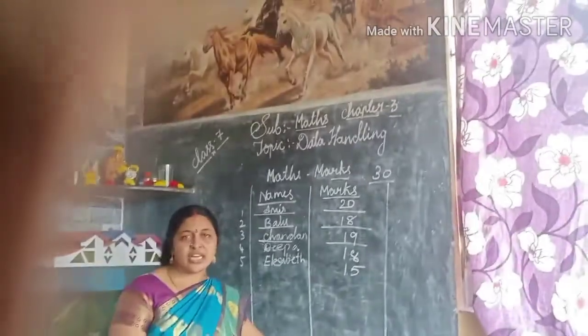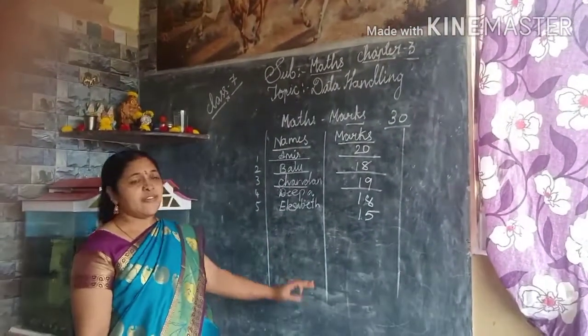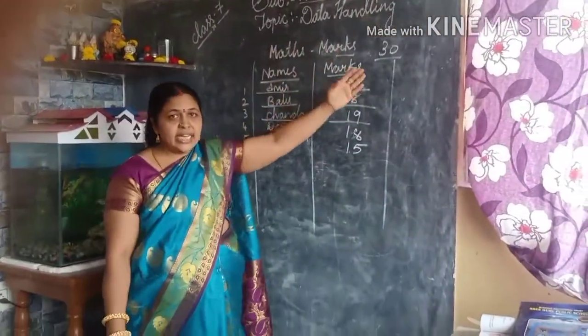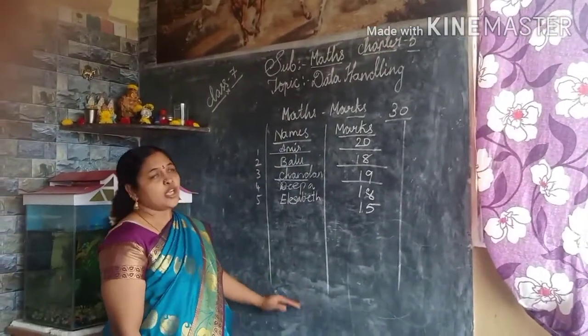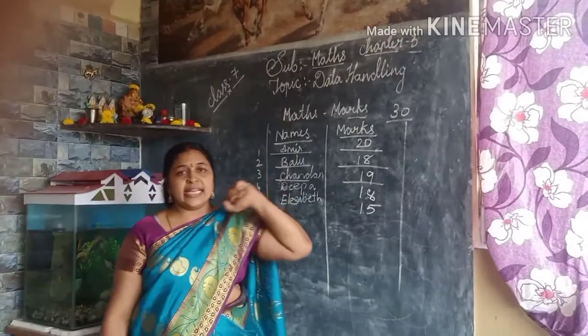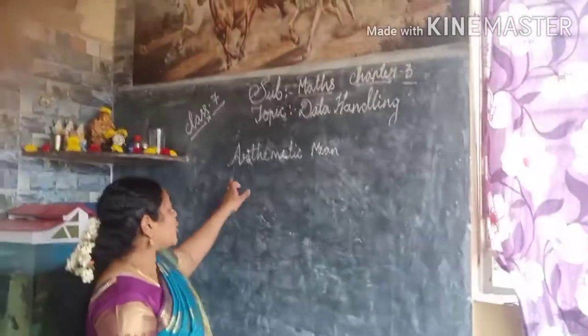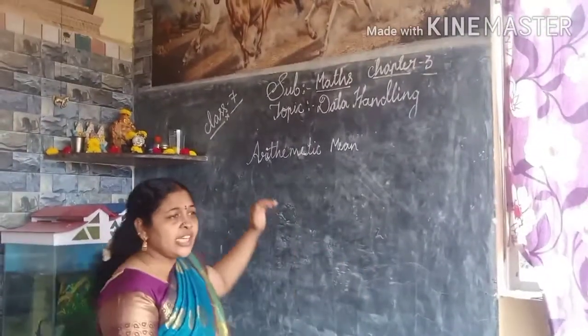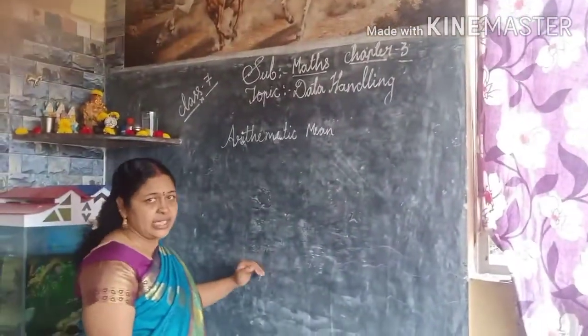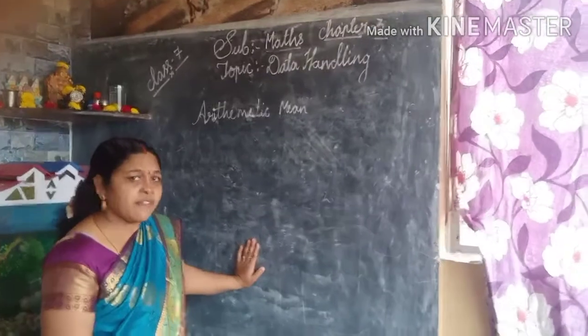Is it clear, children, with an example? Yes. First you will collect the data and then you have to organize the data. This is the part of data handling. Next we will move on to the arithmetic mean. What is arithmetic mean? All the data that we have collected, we call as observations.